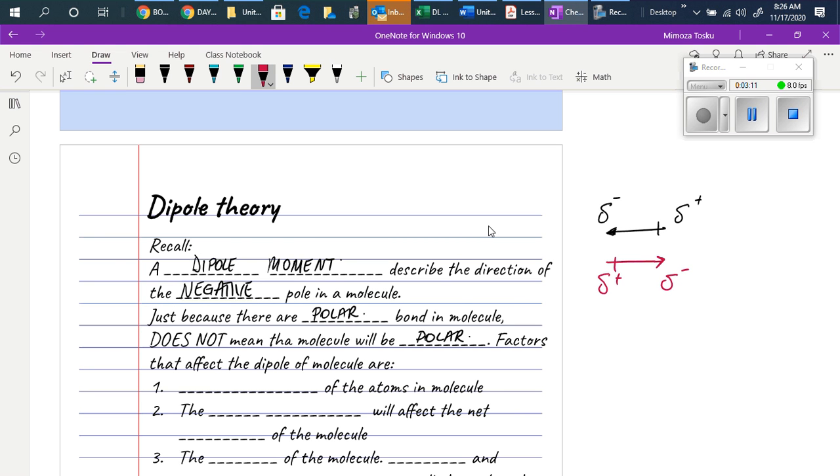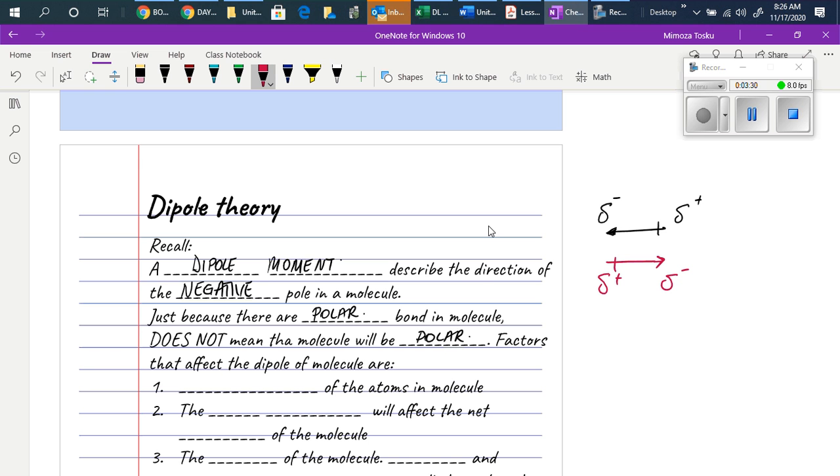So on the same molecule, those two will cancel each other, making it non-polar. So the fact that there are polar bonds doesn't mean that we will have a polar molecule.